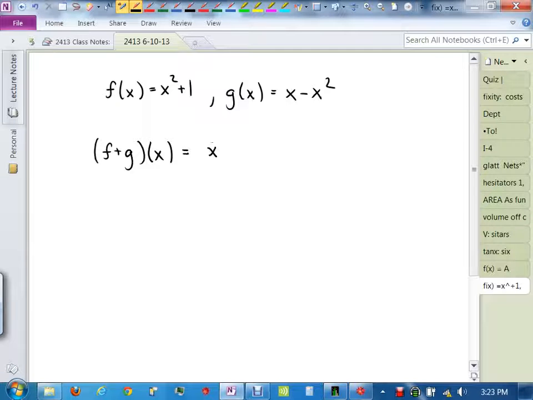So you just add them, right? X squared plus 1, add to that what? Plus the other one, x minus x squared. And now you just combine like terms. So what would you get? Careful. Just x plus 1, right? The x squareds cancel.